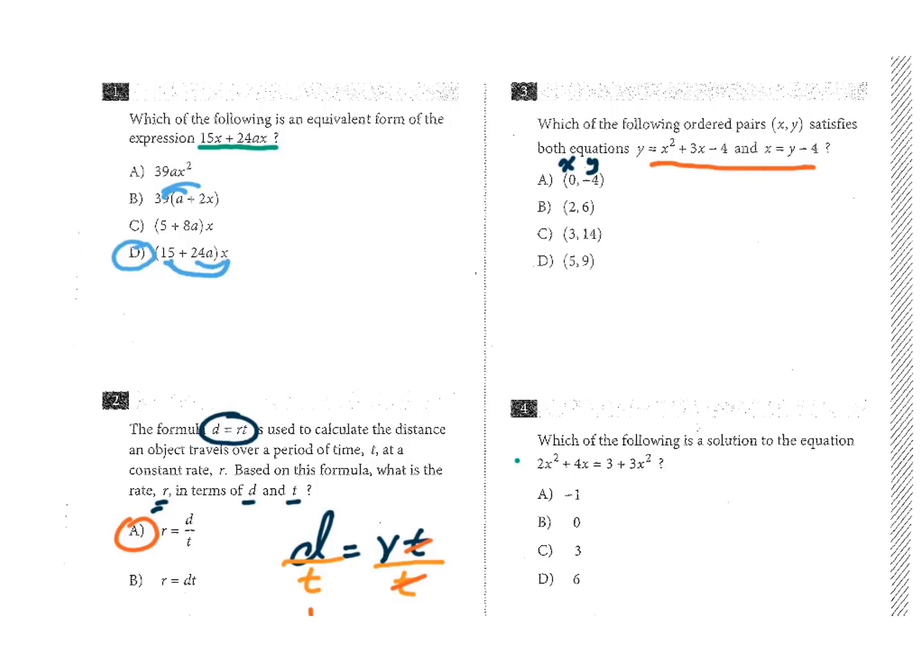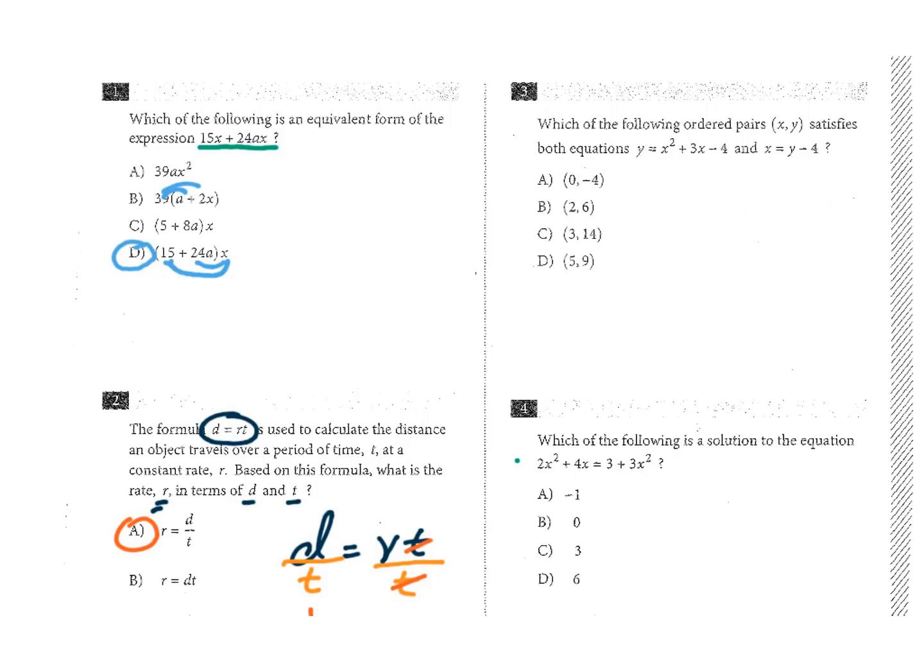For example, y is -4, I plug in 0 squared plus 3 times 0 minus 4. Yeah, this is true. Then plug in this linear function: x is 0, y is -4 minus 4. No, it's not true.